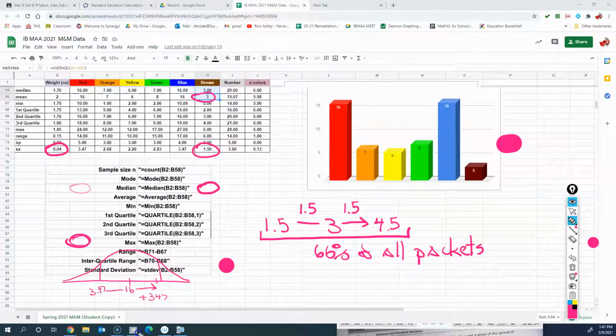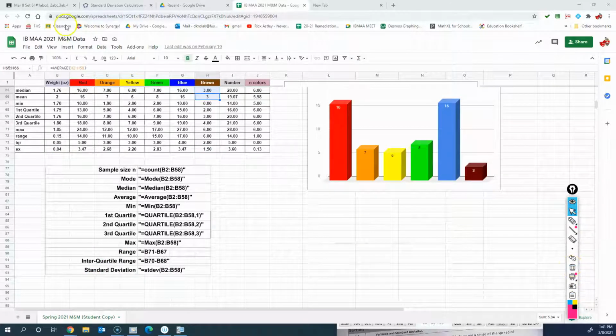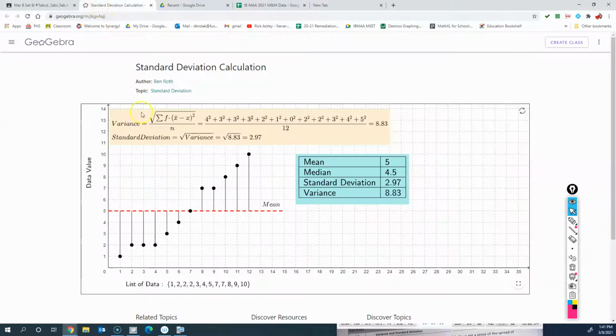Now, what this little applet that you have in front of you does is demonstrate how standard deviation is done. Somebody should have shown this to me when I was learning it. Each one of these dots represents a number in this list.